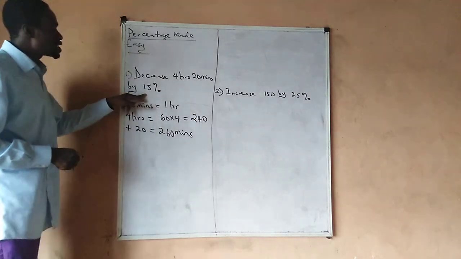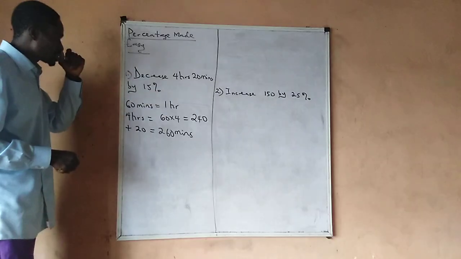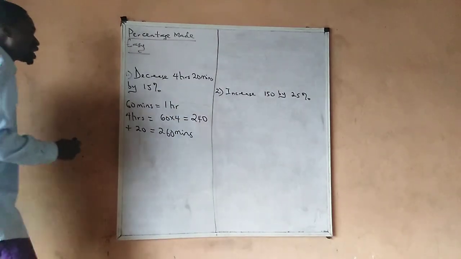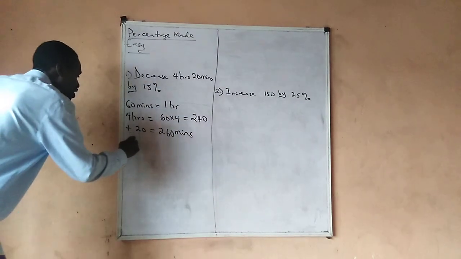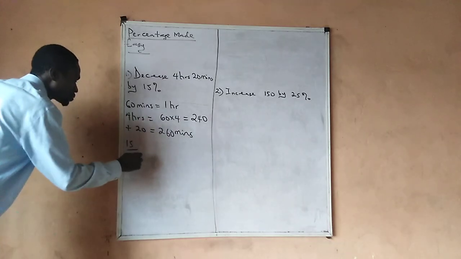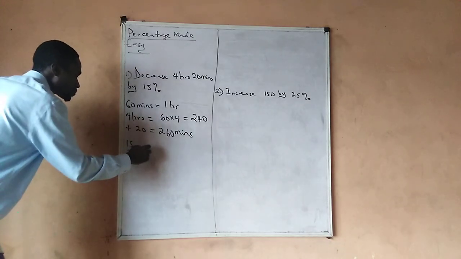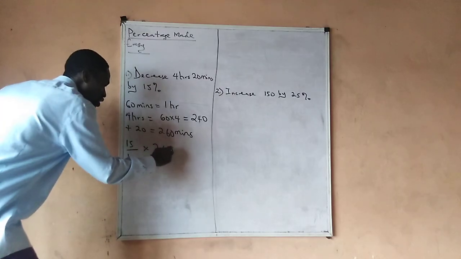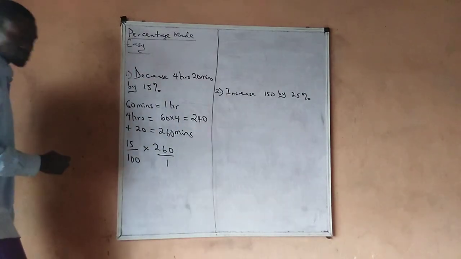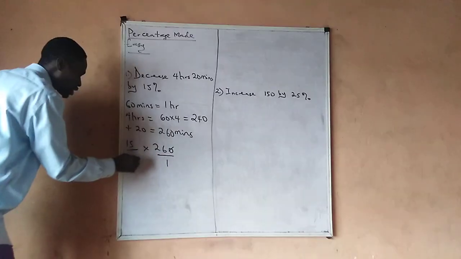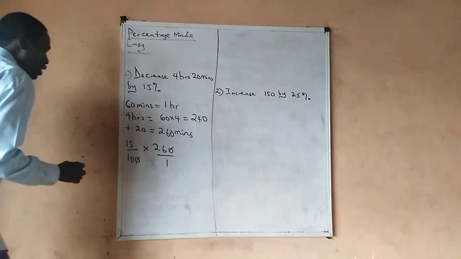Alright, anything in percentage is over 100. So it will be like this: 15 all over 100 times 260 all over 1. 0 cancels 0.